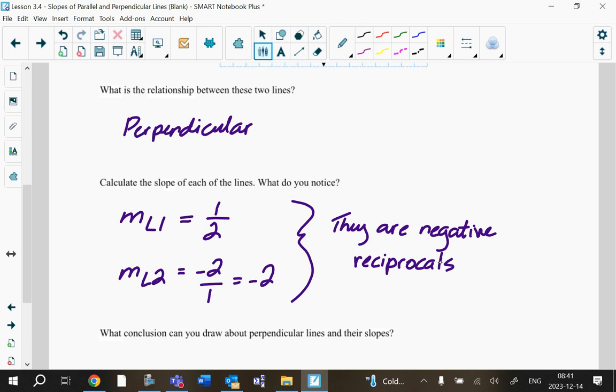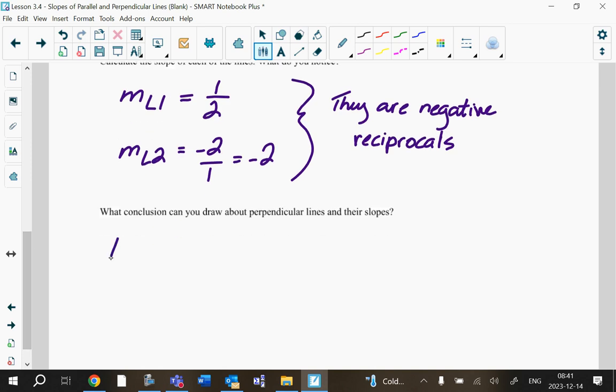And therefore, the conclusion that we can draw, perpendicular lines have slopes that are negative reciprocals of each other.